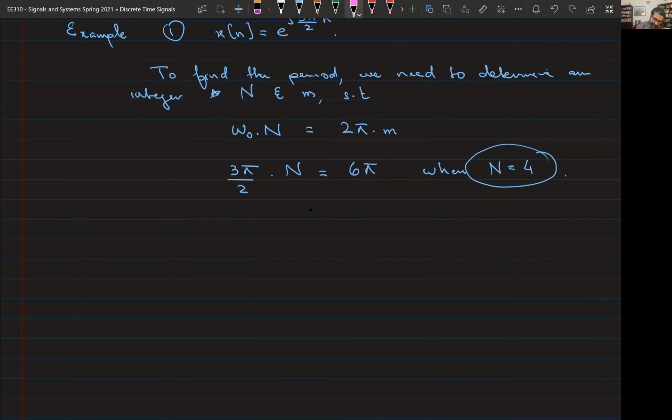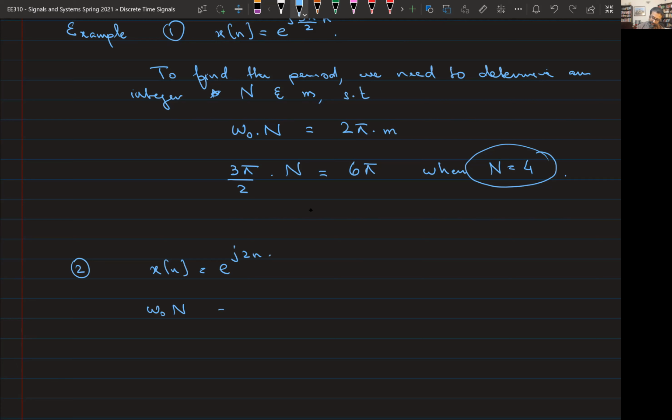I just want to mention another example, which is x of n equals e raised to the power j 2 n. To find the period, you need to find an integer capital N such that when you multiply omega naught with that integer capital N, you get a multiple of 2 pi.